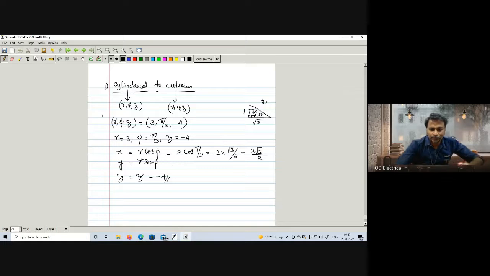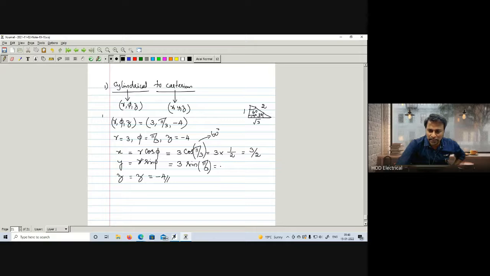Then y equal to 3 into sine of pi by 3. Sine pi by 3 means sine 60, opposite side divided by hypotenuse.